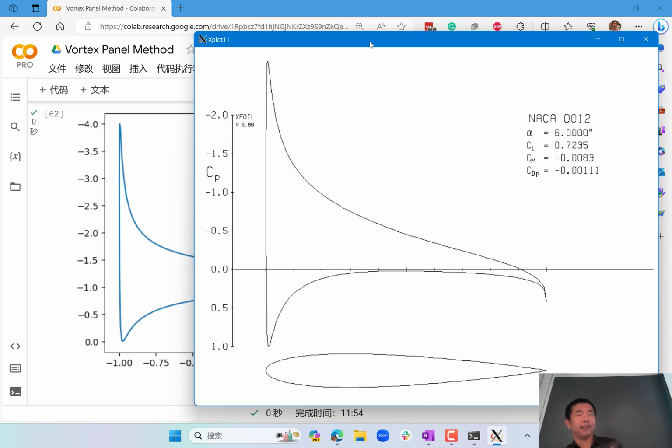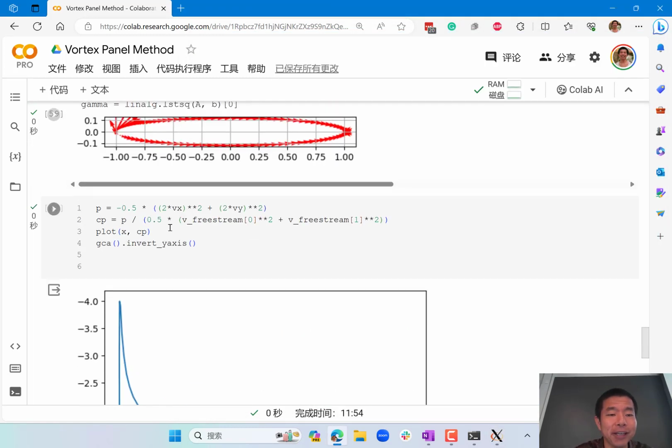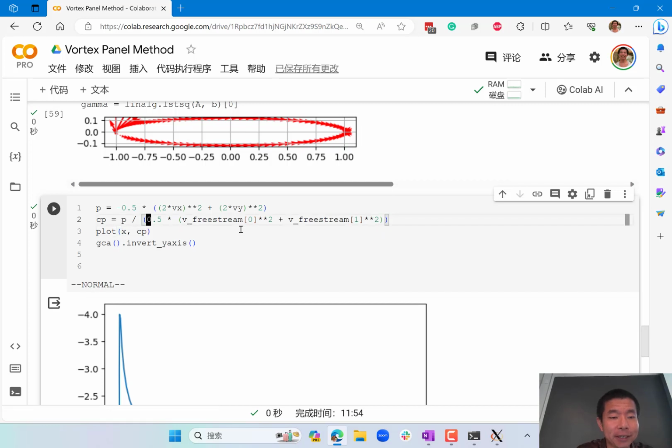Yeah, question? Aren't you missing a term for the pressure, because it goes to zero and it should be... Oh yeah, I'm missing it. Thank you. The Cp is the difference between the pressure here and the free stream pressure, right? What is the free stream pressure?